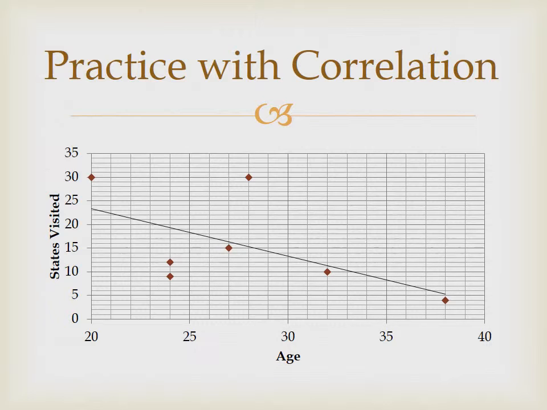A slightly weak negative correlation, not a very strong relationship, but a negative correlation nonetheless. And what that means is that as age increased in the class, number of states visited actually decreased. And that was surprising to us because we would have predicted that as people get older, they accumulate more travel experience, and that those who were older in the class maybe had just more time on Earth to do some traveling and visit some states.